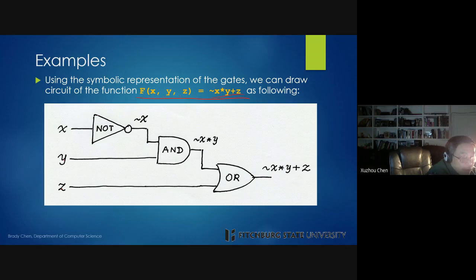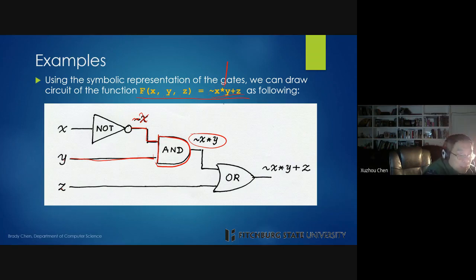So you can use the NOT gate to build the negation of x. And then the next operation is going to be negation of x and y, because by precedence, the negation is going to be evaluated first, and the AND is going to be the next one. So you have input y and negation of x going through the AND gate. So you can build this expression.